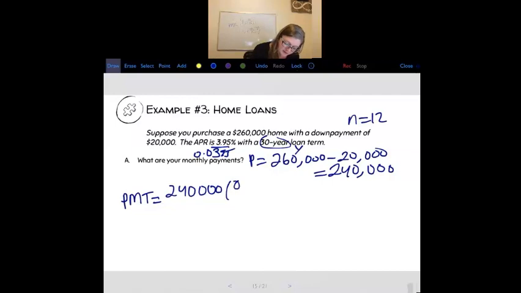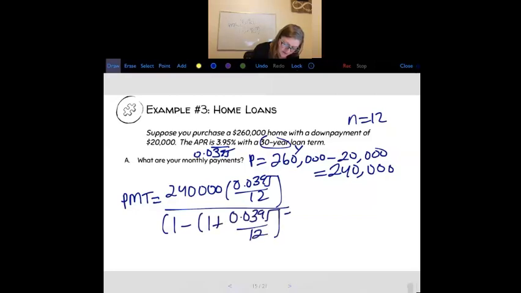So 0.0395 over 12, divided by 1 minus 1 plus 0.0395 over 12 to the negative 12 times 30. Texas Instruments users, add in your extra parentheses. Your fraction bar is division, and make sure you put this in as negative 360 instead of the multiplication to avoid errors.